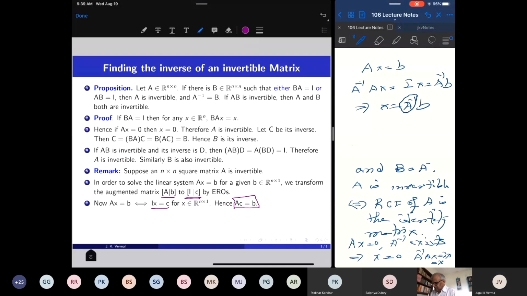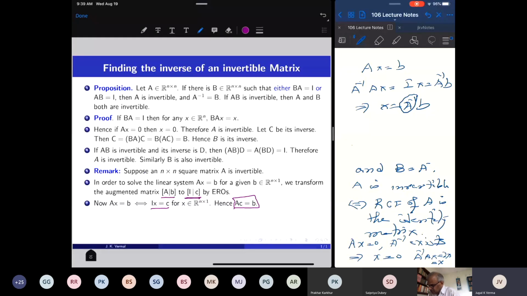This Gauss elimination method, we will see later, will calculate A inverse, but it also calculates the solutions. So we look at the augmented matrix [A | B], and by elementary row operations convert A into the identity matrix. Those elementary row operations will convert B into C, and then this C is the solution.